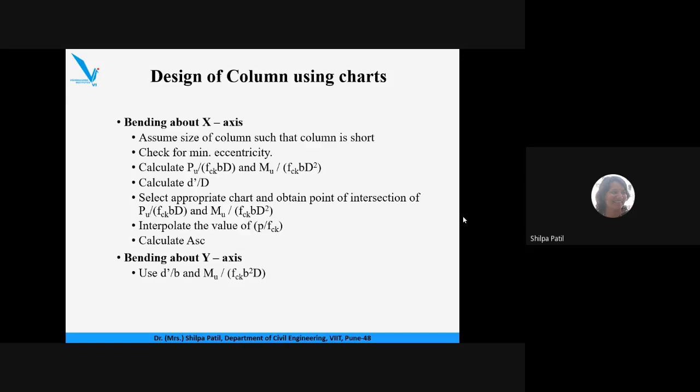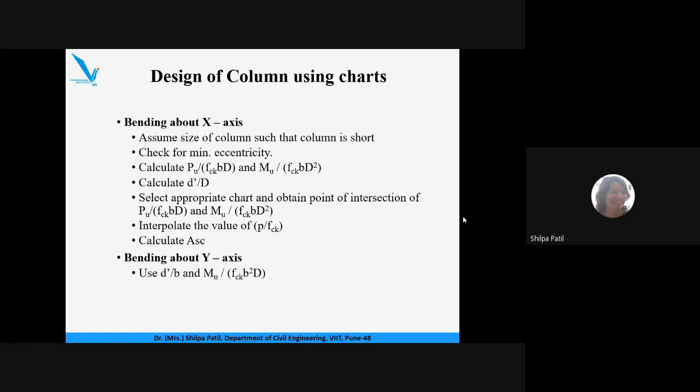Then we have to also check for the minimum eccentricity. Whether e minimum is less than the given condition or not. If it is less, then you need to design the column as axially loaded column. If it is greater, design the column as eccentrically loaded column. Okay, and eccentricity again you have to calculate along both the axes.